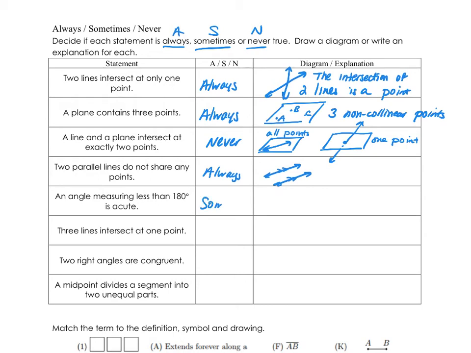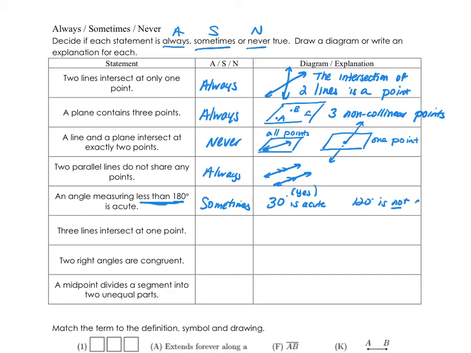Oh, tricky one. It's sometimes. Because if it measures less than 180, sure, it could be acute. It could be 30 degrees. So that's a yes for this one. But if it measures less than 180, it could be 120 degrees.